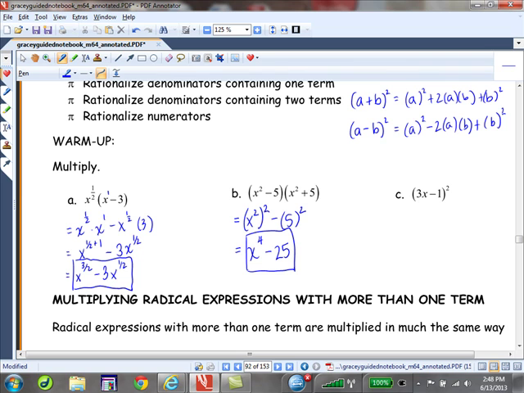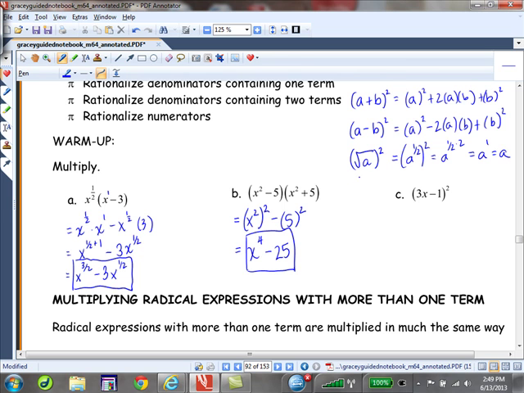One other thing that we'll use a bit, not in warm-up C, but if you have the square root of something, we'll call it a, being squared, that ends up just being a, right? Because remember, the square root of a is a to the 1/2, and you're squaring it, which is a to the 1/2 times 2, which is a to the 1, which is just a.